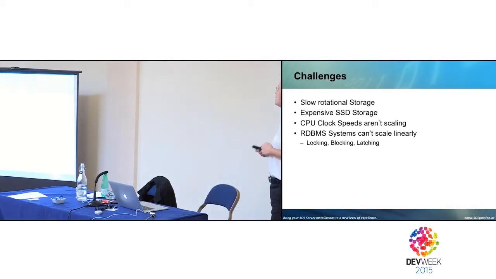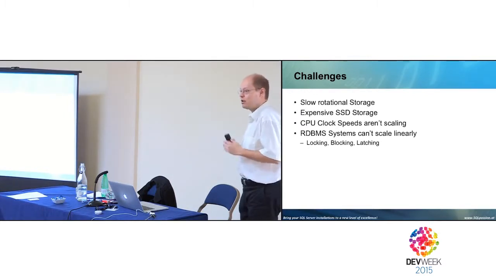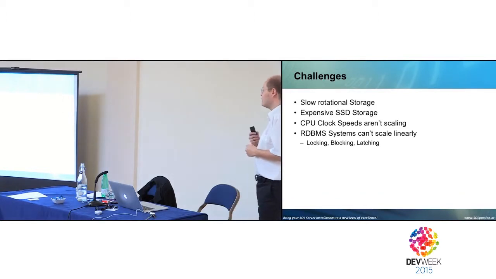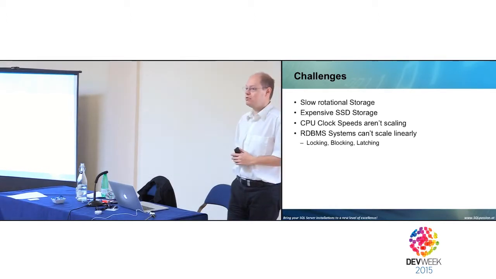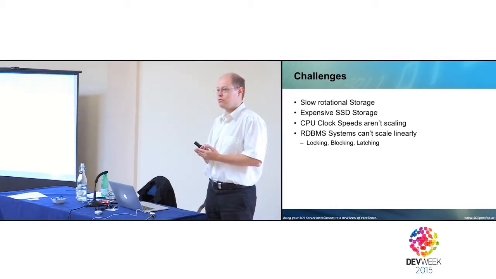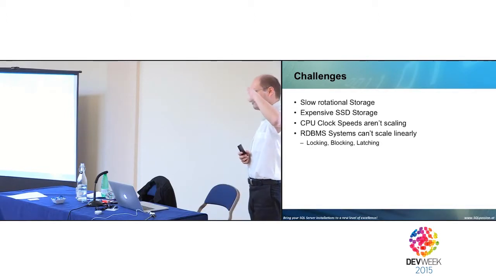And internally, when SQL Server accesses shared data structures, like data that we have put in main memory, SQL Server internally uses a concept called latching. Means when you read a memory region, SQL Server has to lock that memory region in main memory so that nobody else can write that memory region at the same time.